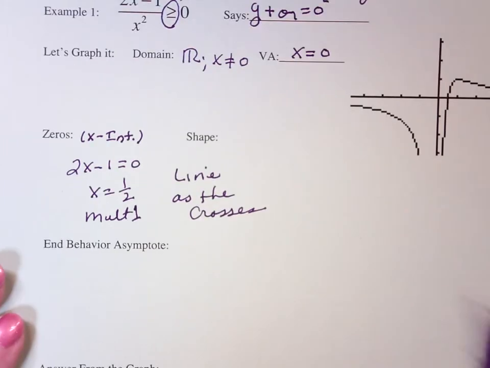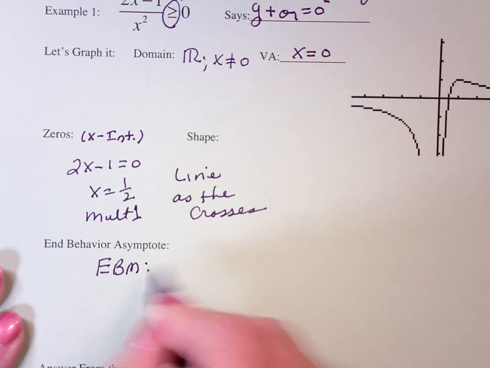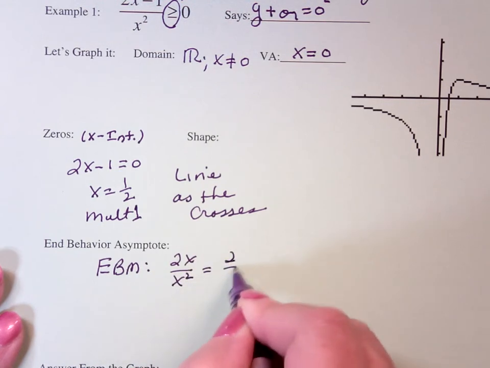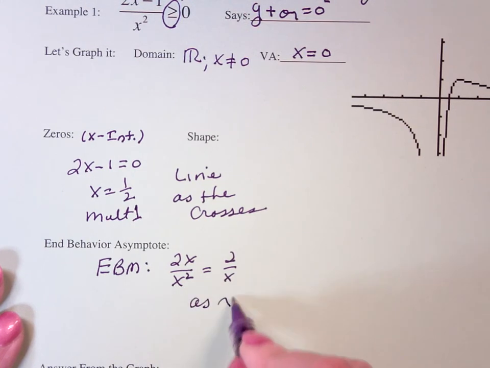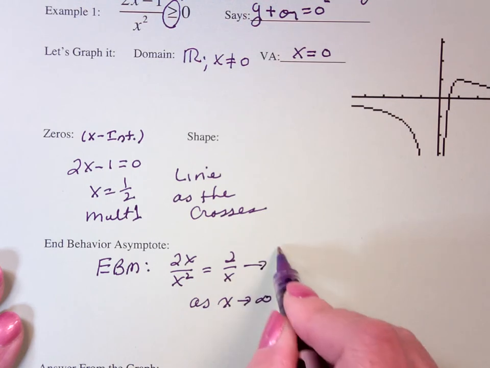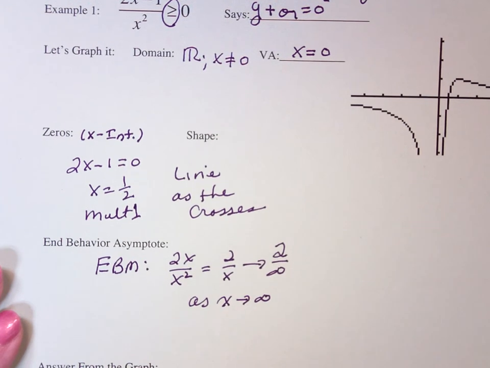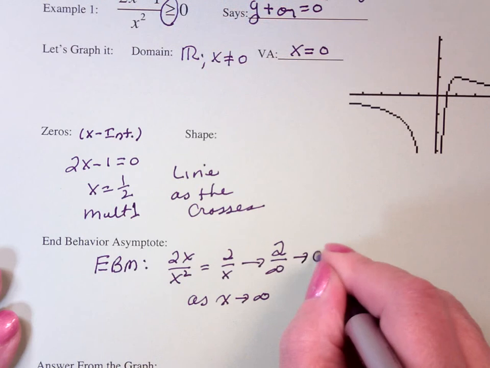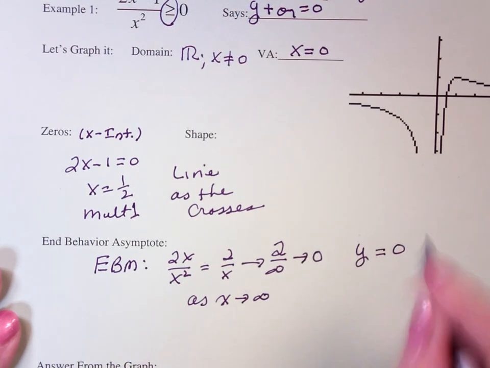The end behavior model is 2x over x squared, which is 2 over x. So as x goes to infinity, this thing goes theoretically to 2 over infinity. Most math people hate that notation, but 2 over infinity for all intents and purposes is 0. So this is y equals 0.